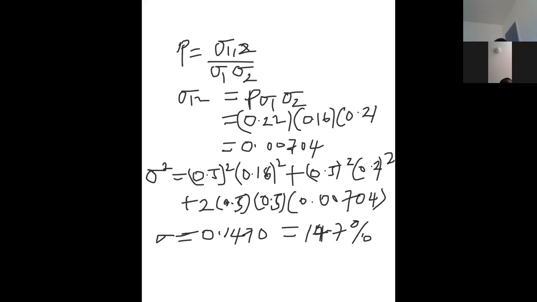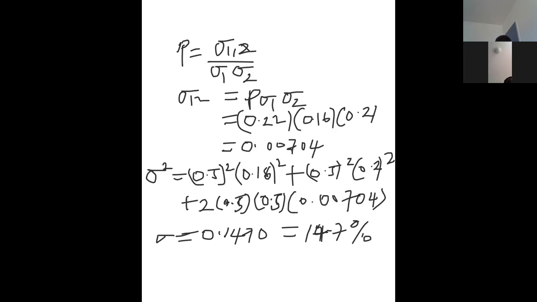Now the formula is Xj squared multiplied by the variance of J squared plus XW squared multiplied by the variance of W squared plus 2 times Xj XW and the covariance of J and W. And we now know that the covariance of JW is 0.0704, which is what I have here.